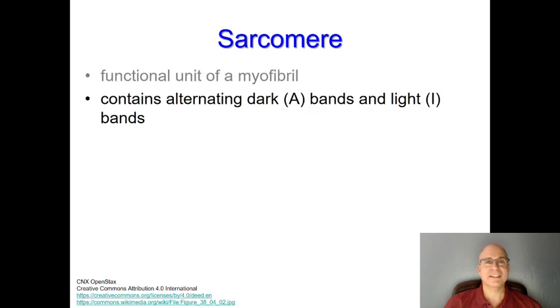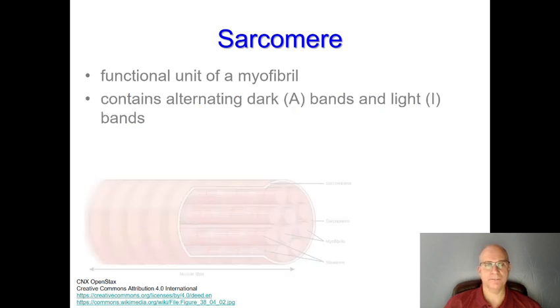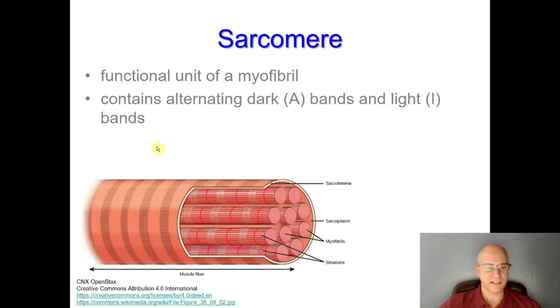So the sarcomere is going to contain alternating dark bands, which are sometimes called A bands, and light bands, which are also called I bands. So when you look at this picture that you see right here, here we see a dark band and a light band, and a dark band and a light band.